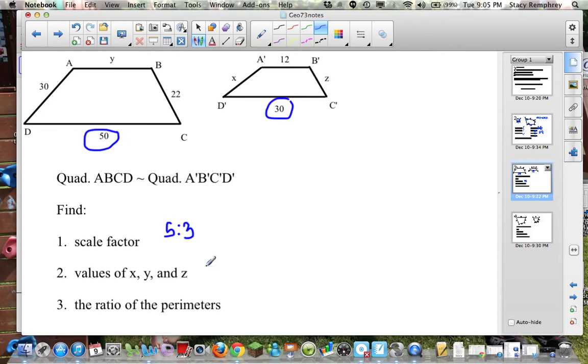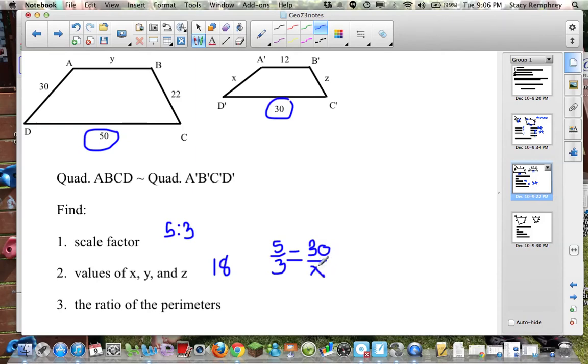So for x, I need this to reduce back to a 5 to 3. Well, 5 times 6 is 30, so 3 times 6 is 18, so x is going to be 18. If you don't follow my logic there, do the same thing again. 5 over 3 equals 30 over x.